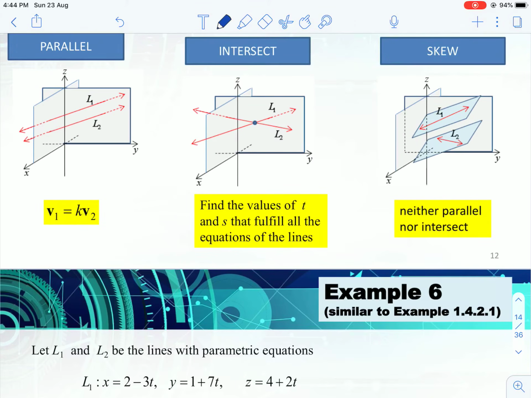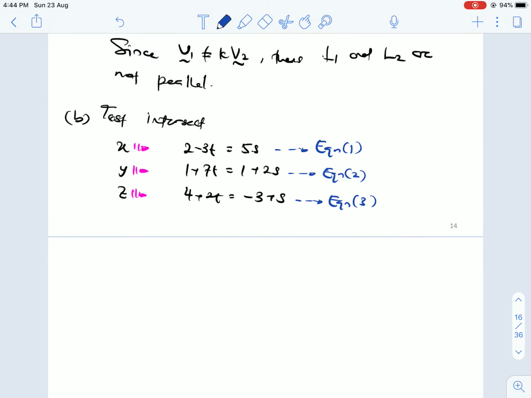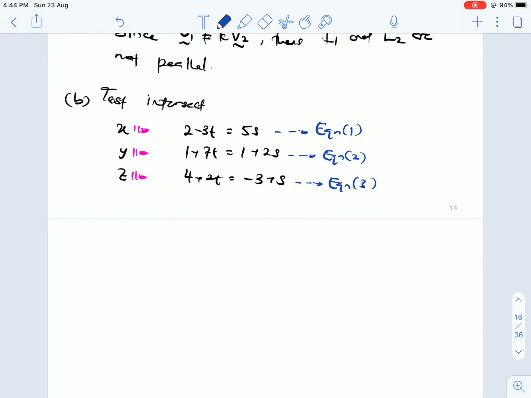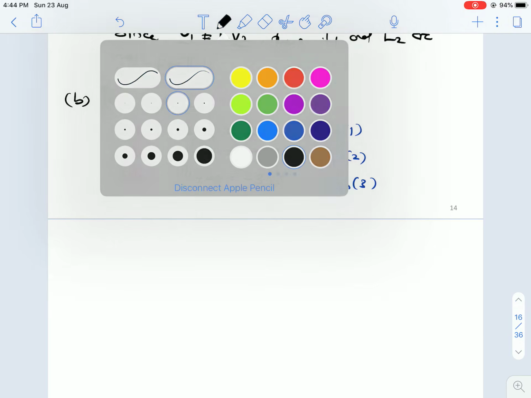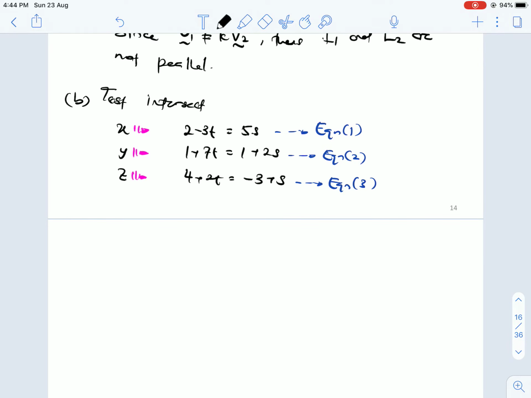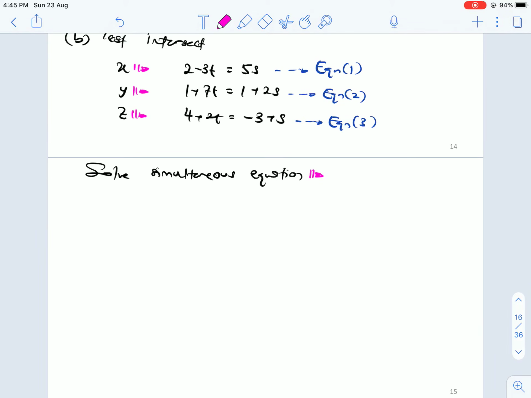Now we need to find the values of t and s that fulfill all 3 equations. So we need to solve simultaneous equations. Let us solve equation 2 and 3 first.